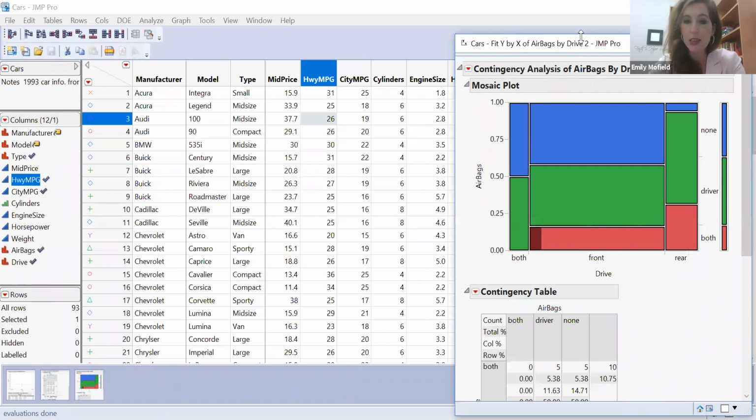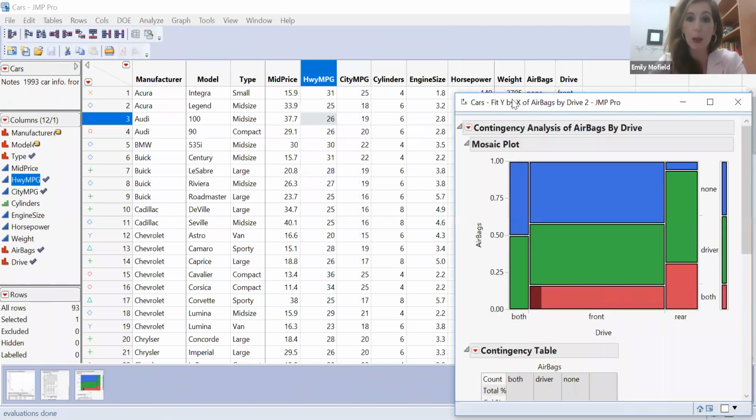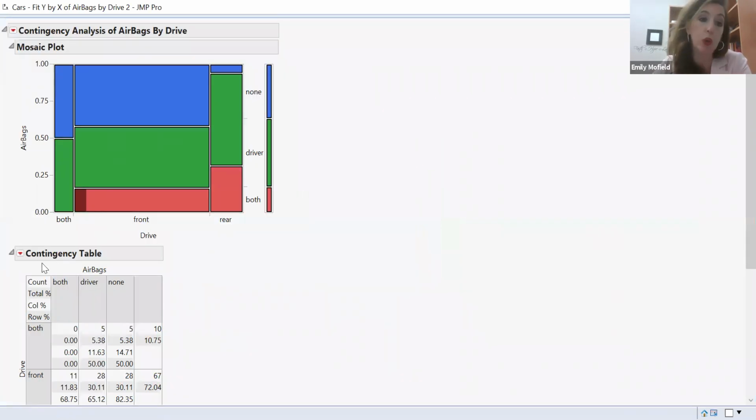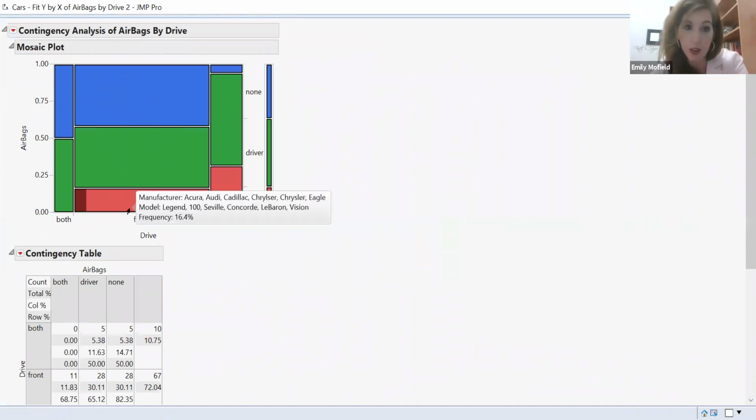You will see here I've got this beautiful mosaic plot, and this gives me a visual. This is type of drive, so I can see that front wheel drive has a variety of types of airbags. We've got a little bit of both types of airbags, a handful of driver side airbags, and then some of none.